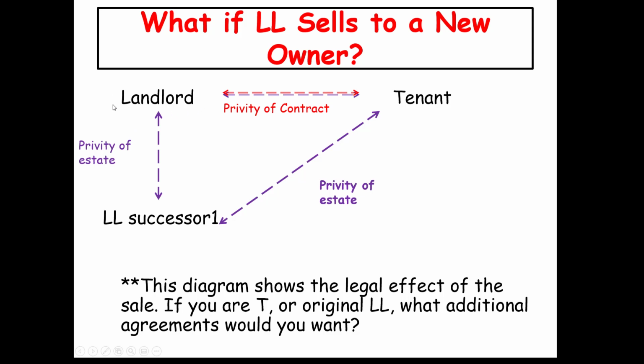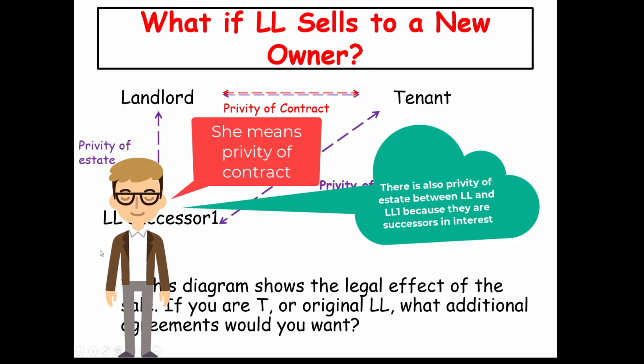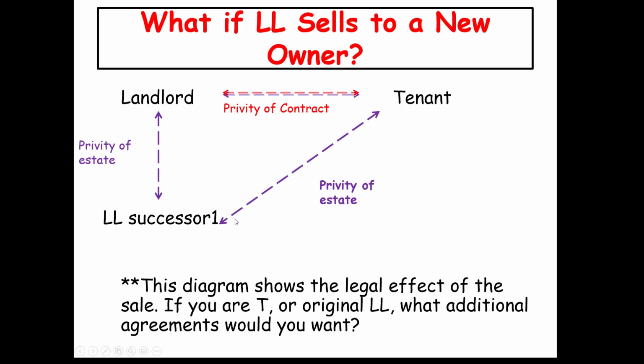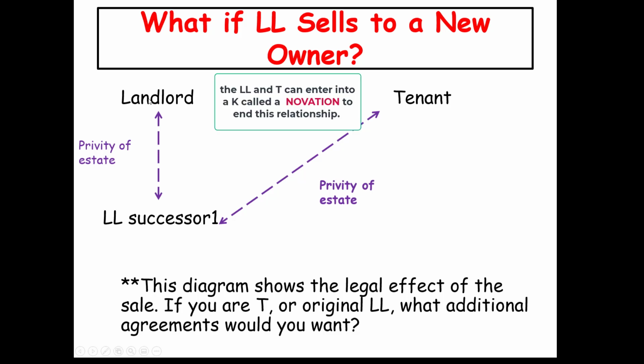So there will be privity of estate between the landlord and the successor landlord. And because the successor landlord is now the possessor of the fee simple, there's privity of estate between the successor landlord and the tenant. There's still privity of contract between the tenant and the original landlord unless and until the landlord and the tenant end that contractual relationship.